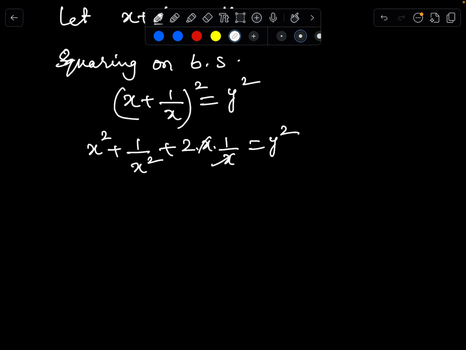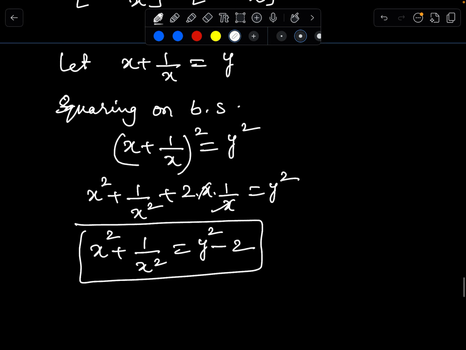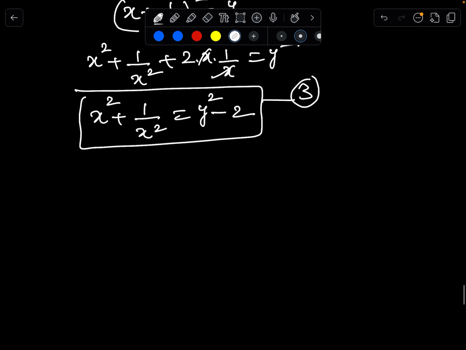The x cancels, so x square plus 1 by x square is equal to y square minus 2. This is x square plus 1 by x square, and the variable is x plus 1 by x, which is y. Equation 2 and equation 3 are substituted in equation 1.